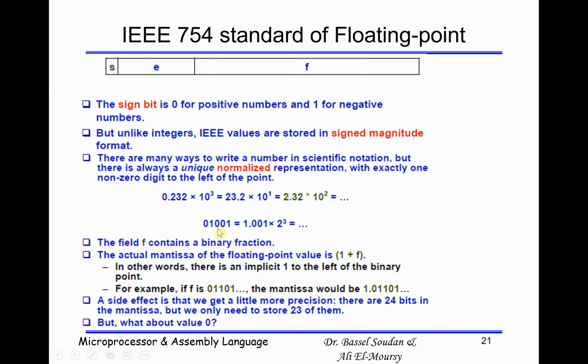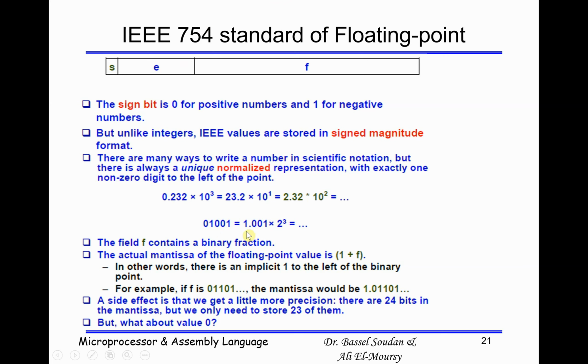So the first bit that has a significance is the first 1. That means if I normalize, I will always have 1 at the most significant bit, which means I am losing 1 bit that is always 1. So that's why IEEE decided to omit this bit.